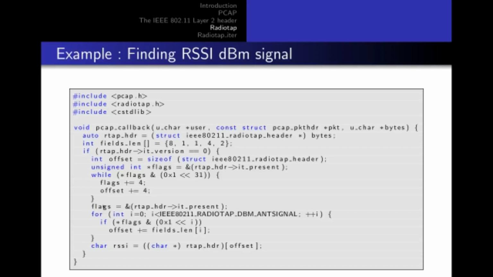Then you start with the first bit of the flag and you try to find the Radiotap dBm antenna signal. You go from 0 to this one. If your flag is equal to 1, then you add to the offset the size corresponding here. And at the end, you get the RSSI, which is at the location of the offset.